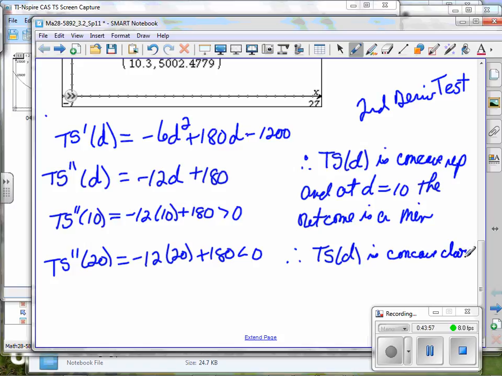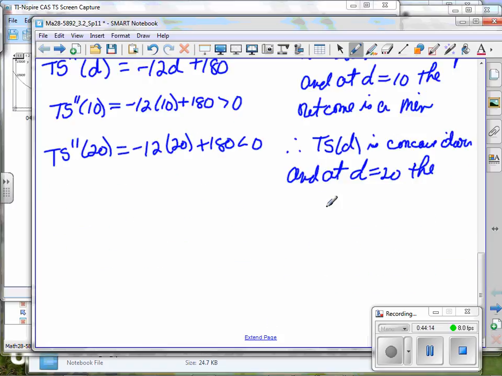Yep, is a maximum. Doesn't look like down, we'll make it look like down. And at d equaling 20, the outcome is, now I should really say, relative maximum. Just like up here, I should really say relative minimum.